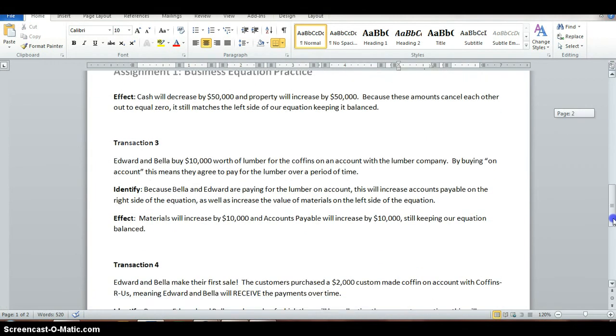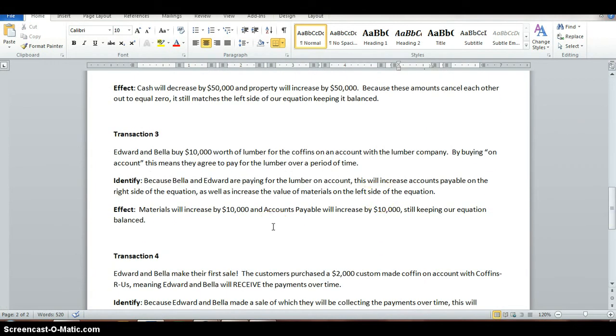For our third transaction, Edward and Bella buy $10,000 worth of lumber. They're buying on account, which means they're paying for the lumber over a period of time. Maybe they use a credit account with this company. Because they are paying for the lumber on account, this will increase our accounts payable on the right side of the equation, and increase the value of materials, since the lumber is material for our coffins, on the left side.